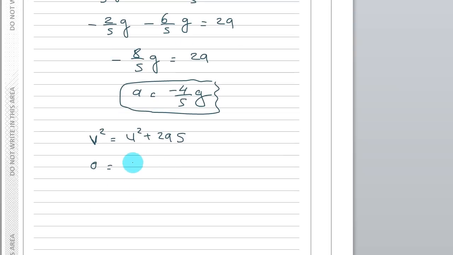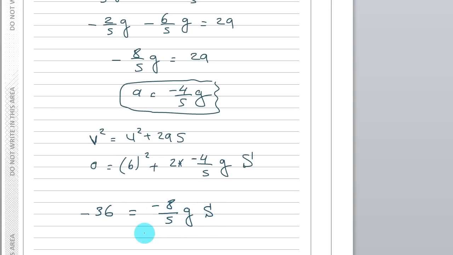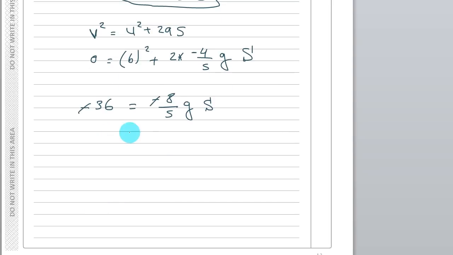So 6 squared plus 2 multiplied by minus 4/5 g multiplied by s, which is the distance. So minus 36 is equal to minus 8/5 g multiplied by s. This minus will go with this minus, so s will equal 36 multiplied by 5 divided by 8 multiplied by g.